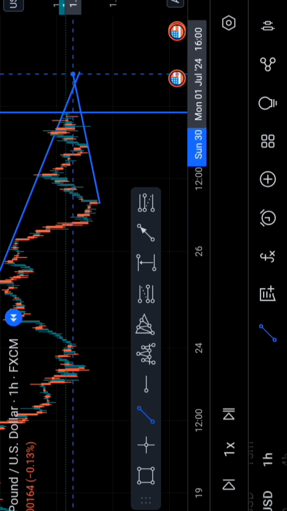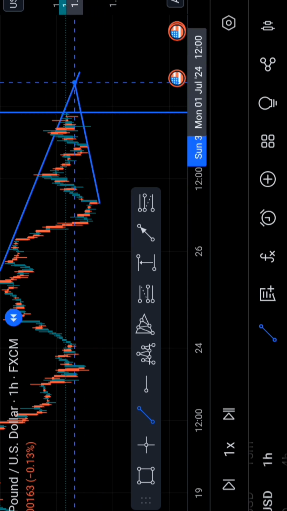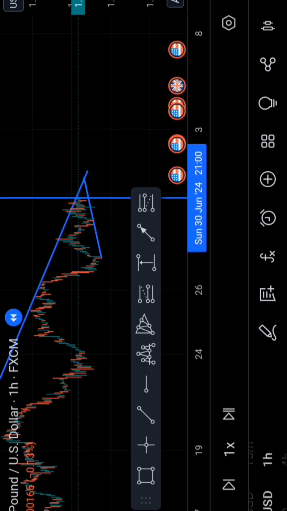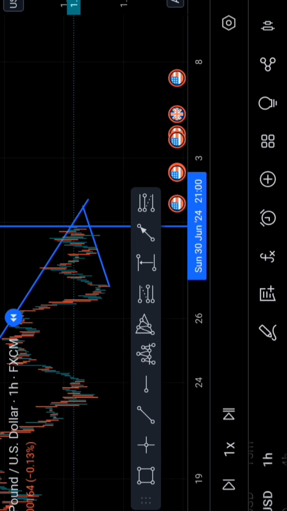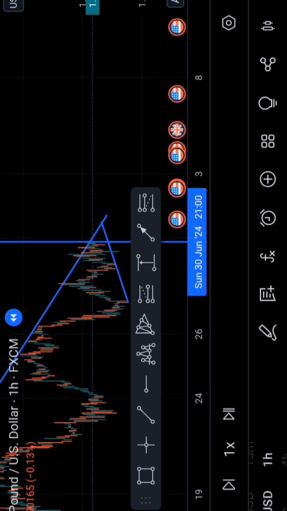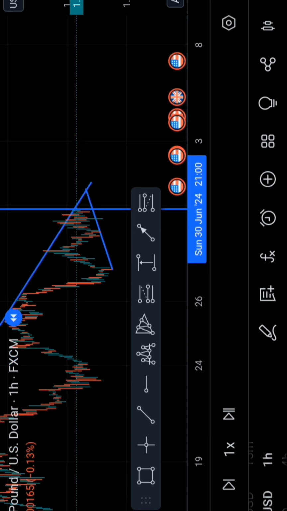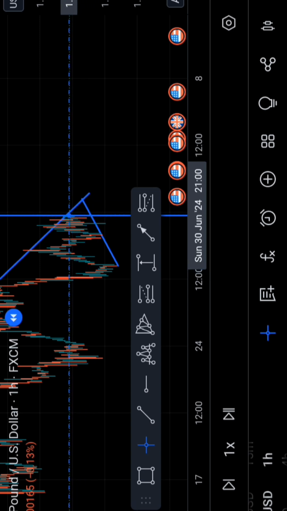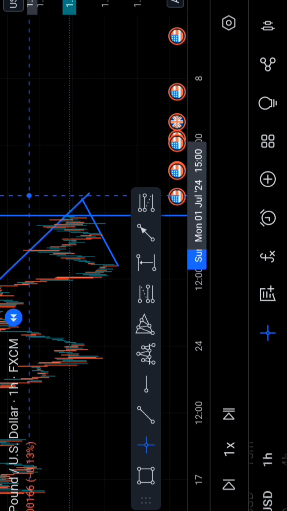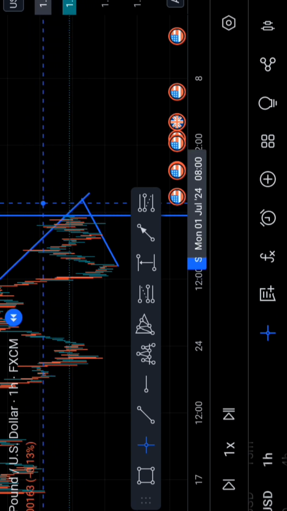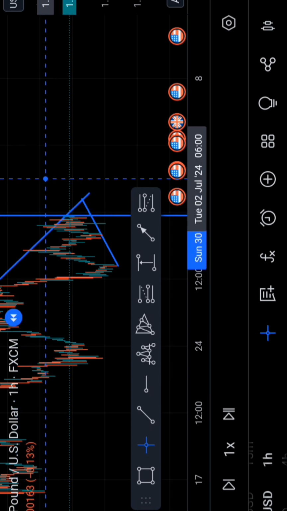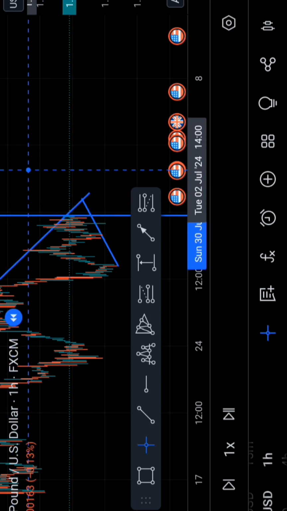So it's giving us counter vibes. From here, it's either price breaks above this high, comes down to the chest, and you keep buying, or price keeps going down.